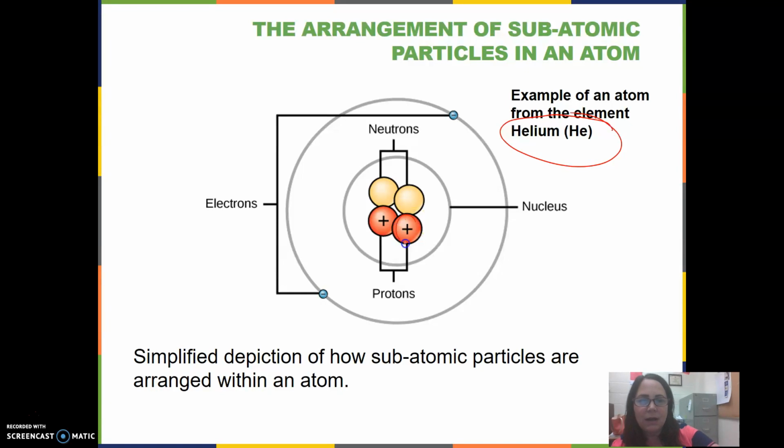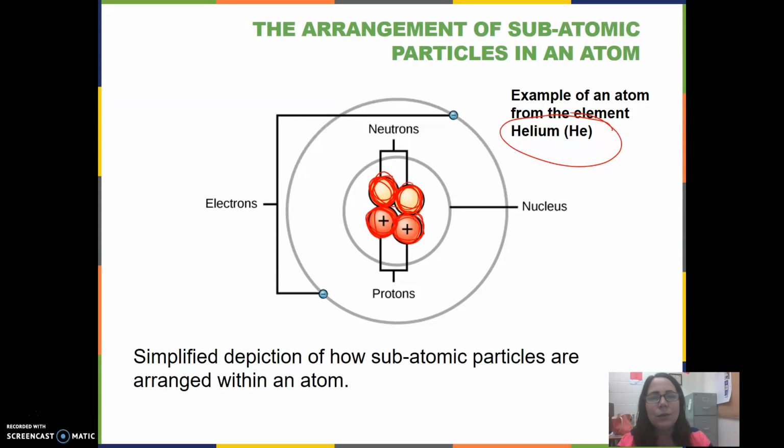We know these are protons because they have a positive charge and they're located inside of the nucleus. And then 2 neutrons, which have no charge, a neutral charge, and they are also located inside the nucleus. So we have 4 total subatomic particles located inside of the nucleus.